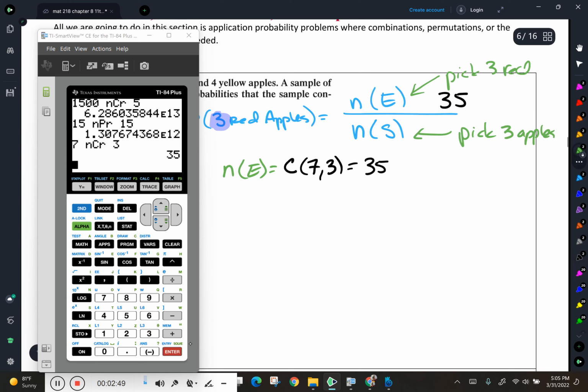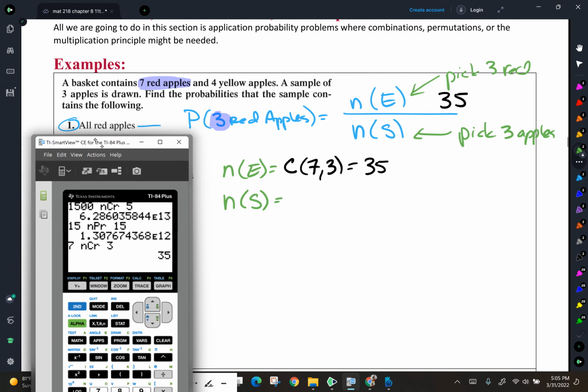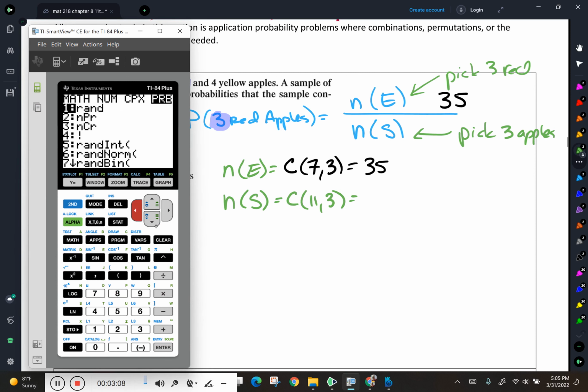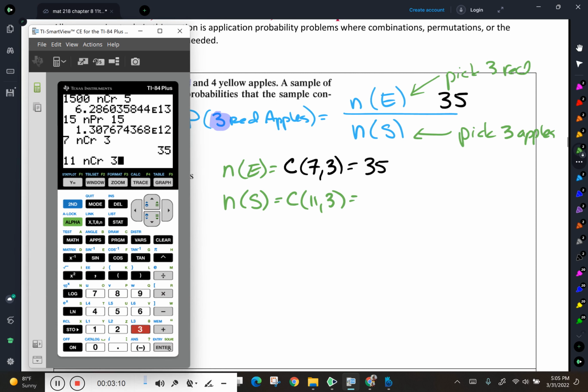And now I'll find the number of elements in my sample space, my denominator. Well, if there are 7 red apples and 4 yellow apples in there, that means that there are 11 apples, and I just want 3 of them. So I'm going to say 11, math, nCr, 3. There are 165 ways, so that's going to be my denominator.